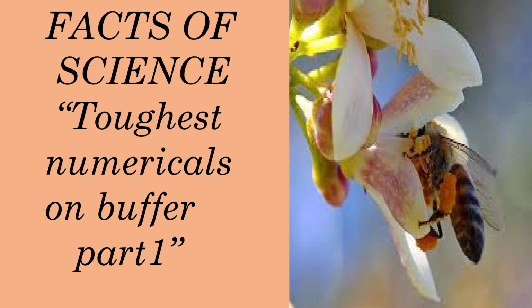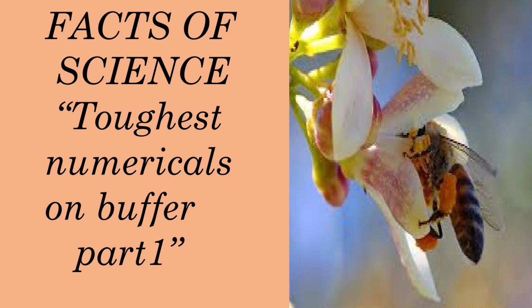Similarly, if we add strong base to this buffer solution, then hydroxyl ion reacts with acetic acid to form acetate. So we are adding strong base and weak base is formed. So pH change is small. So buffer is a solution that resists changes in pH.